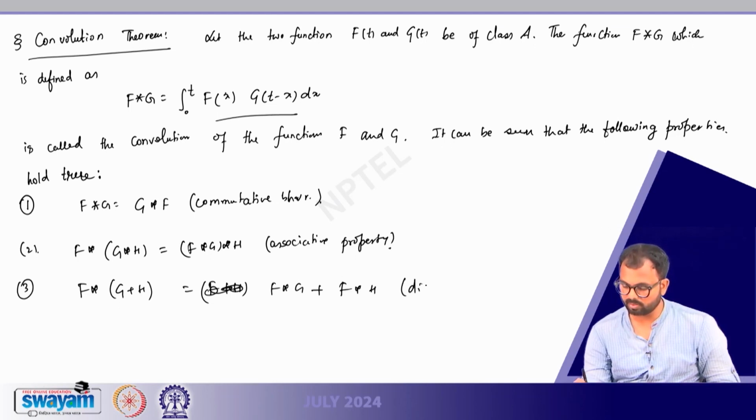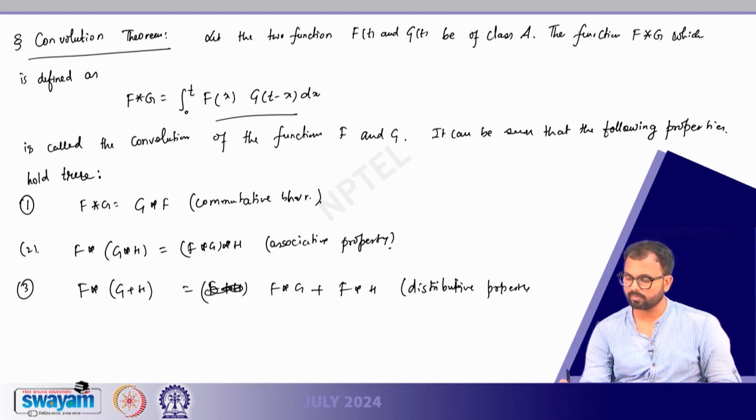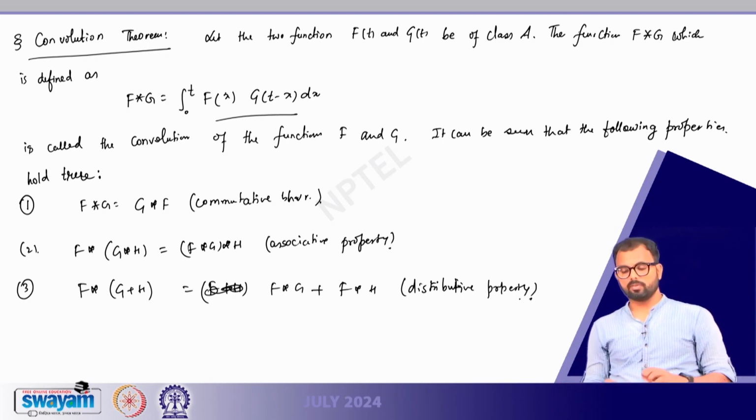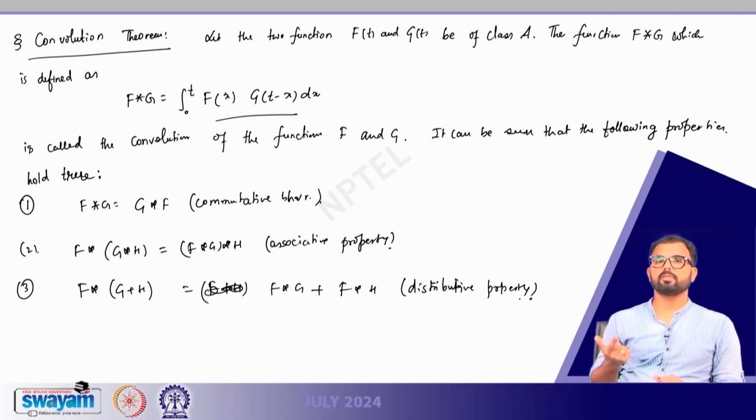This is called the distributive property. Right. So, we have commutative, associative and distributive properties.